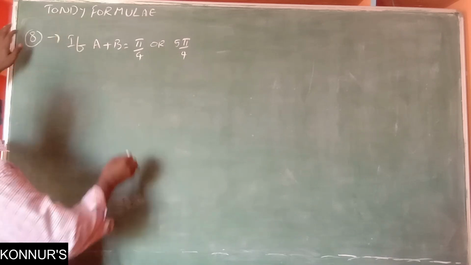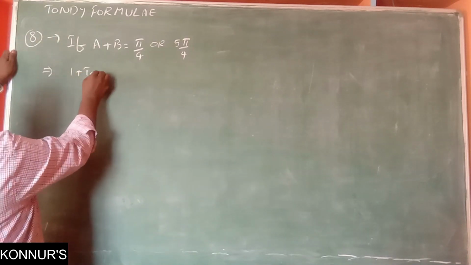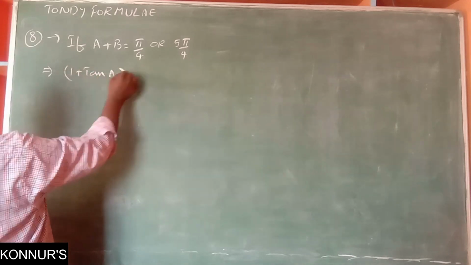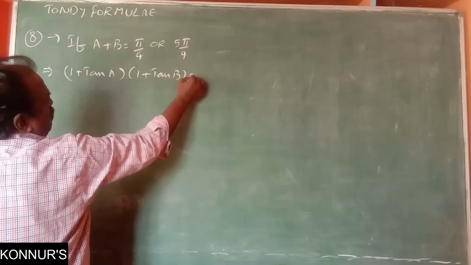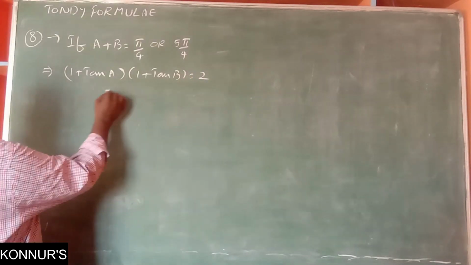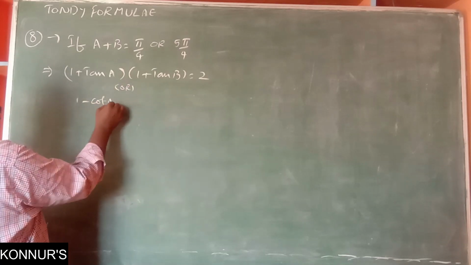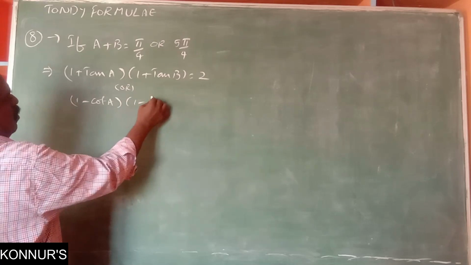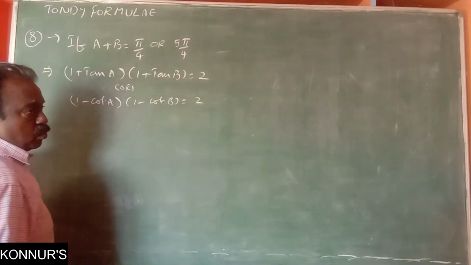This is the condition. Then (1 plus tan A) times (1 plus tan B) is always 2, or (1 minus cot A) times (1 minus cot B) is also 2.